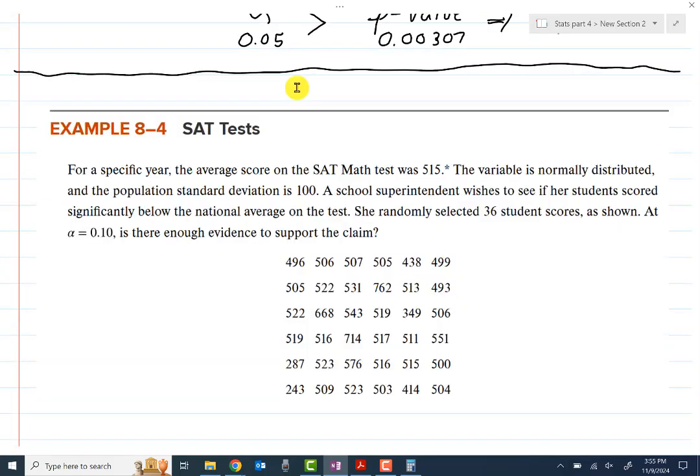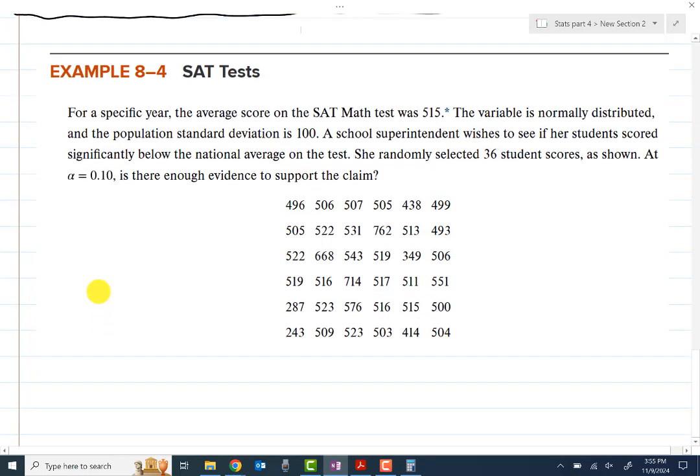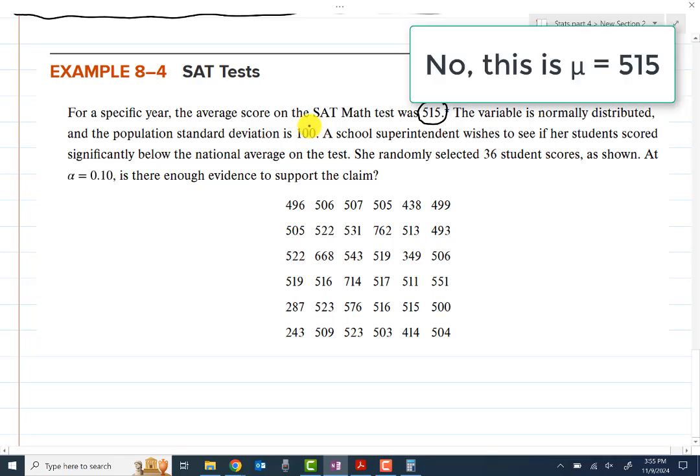All right, here we have another situation. As usual, what I first try to do is get all my symbols in place, and then I'll set up the statements, the H naught and HA. The average score on the SAT maths test was 515, so this will be x bar. The variable is normally distributed. Well, that's nice. Population standard deviation is 100, so that is sigma.